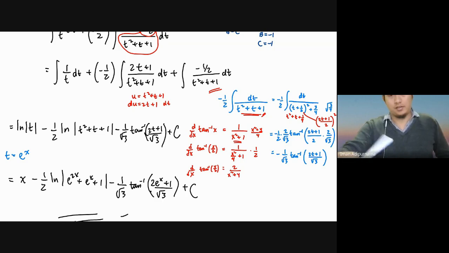Yeah, I think this is quite difficult. So I think it's a good exercise, because you have many techniques in one problem. You have first substitutions, partial fractions, doing substitutions again, and then the tangent inverse at the end.